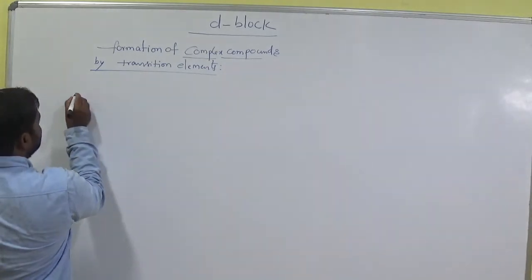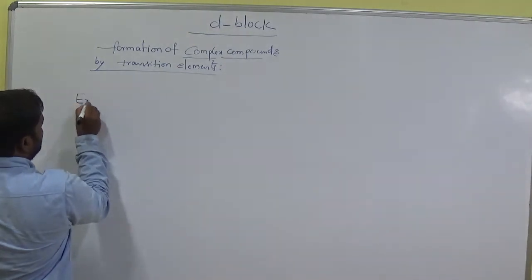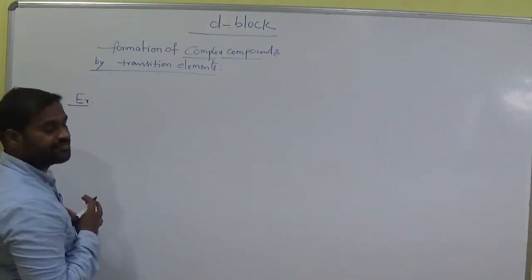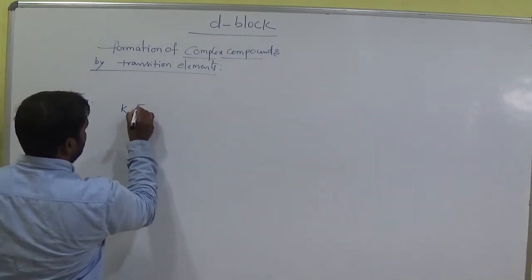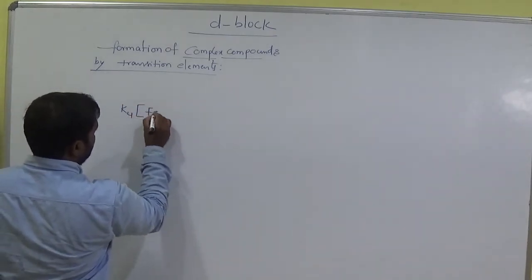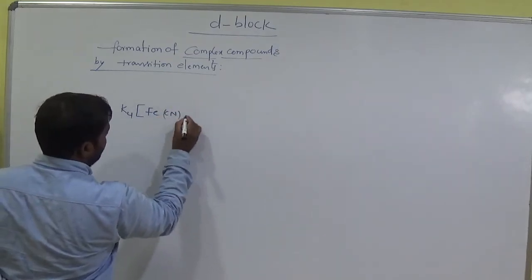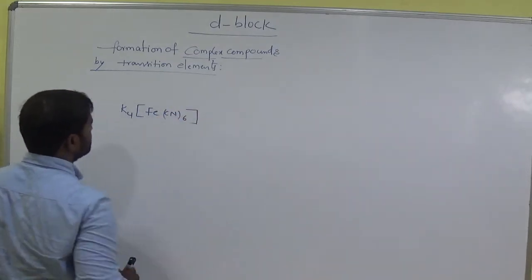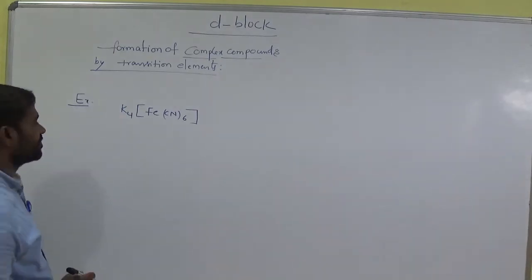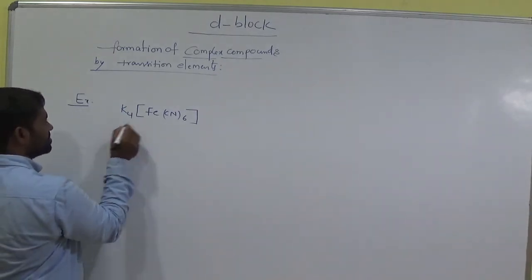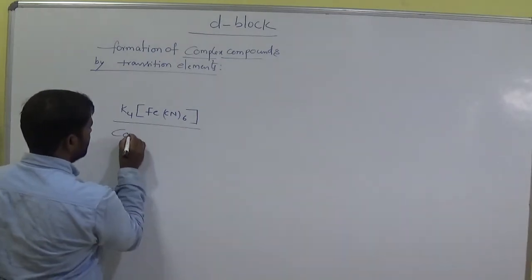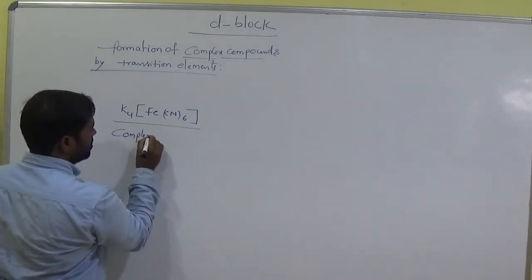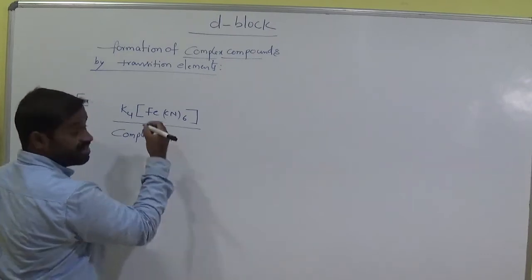Let us take a simple example of complex compounds here. K4[Fe(CN)6]. This is a complex compound. I will give the definition also.